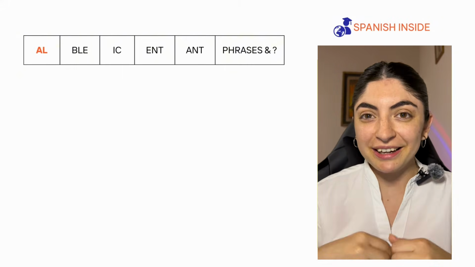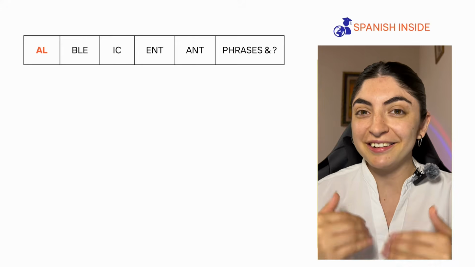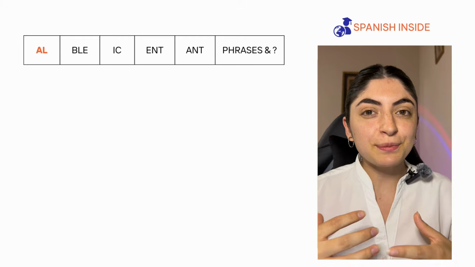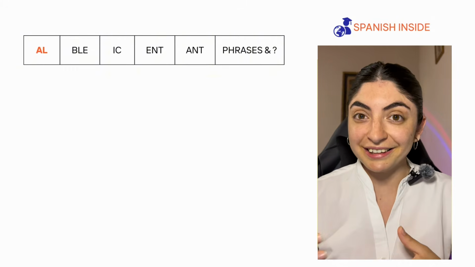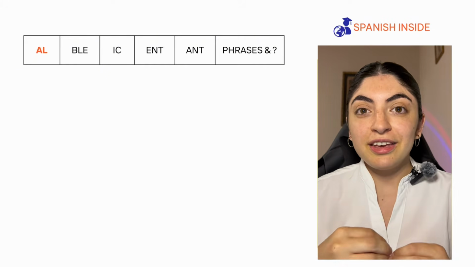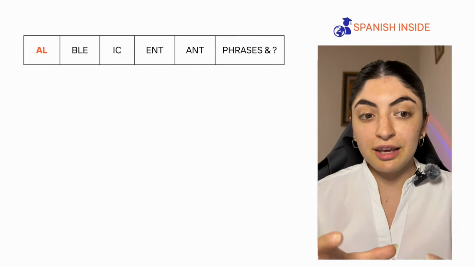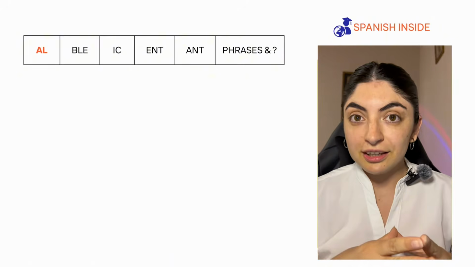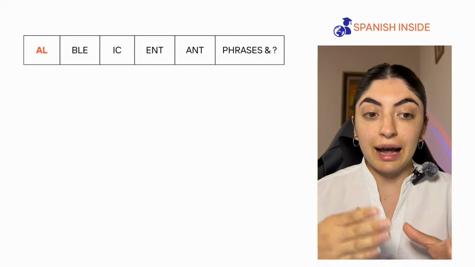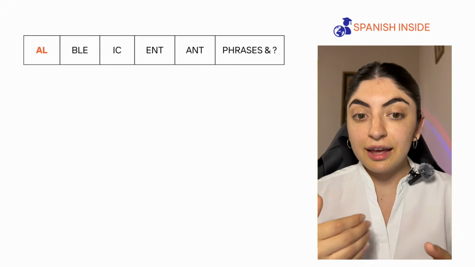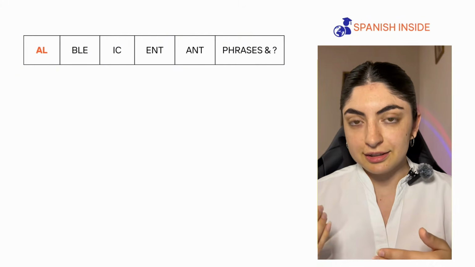I am Camila and I am so happy to be here again with you to teach you how to find your Spanish through your English. So, the termination words that we are going to cover today are the words in English that end with al, ble, ik, ent, and ant.